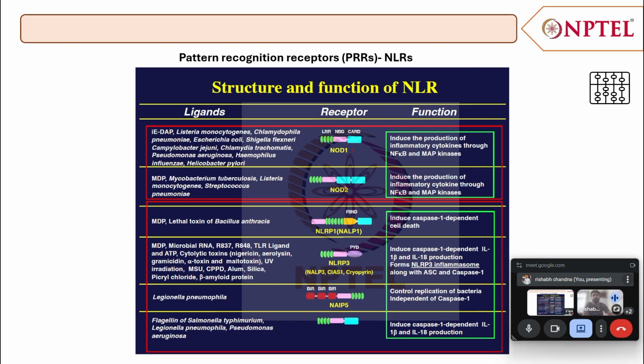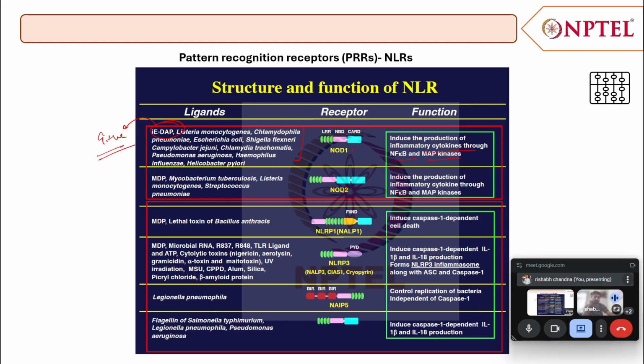So, NOD1 and NOD2. NOD1 basically can recognize iE-DAP. This is a part of the gram-positive bacteria cell wall. Then Listeria monocytogenes, and so on and so forth. These are the different bacteria that can be recognized by NOD1, and they induce production of inflammatory cytokines through NF-kappa B and MAP kinases.